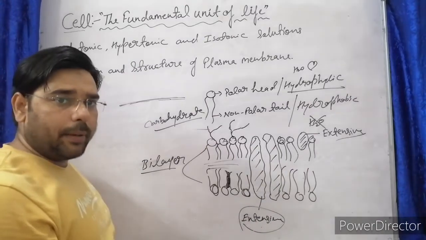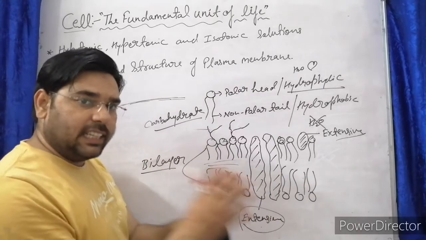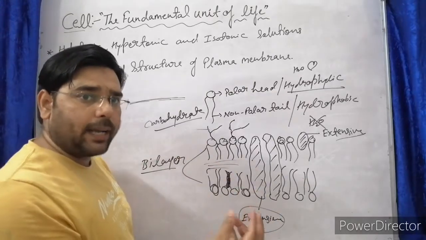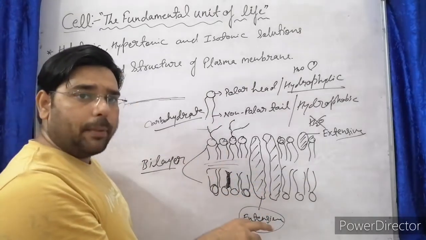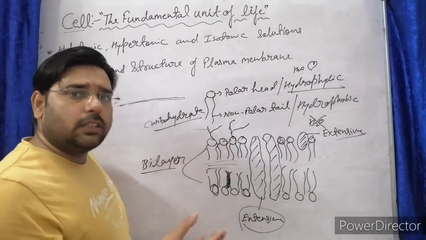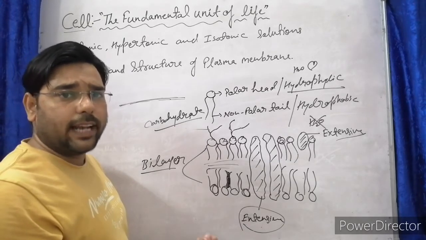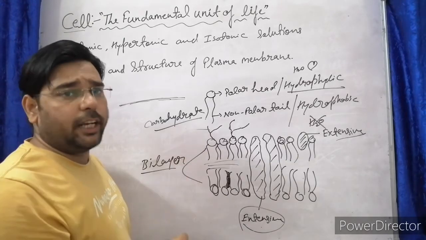Protein helps as a channel to transport substances, ions or big particles through the cell membrane, and some other things can diffuse through the plasma membrane by passive transport, that is diffusion and osmosis.